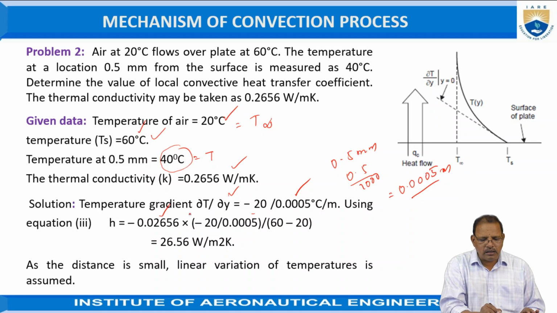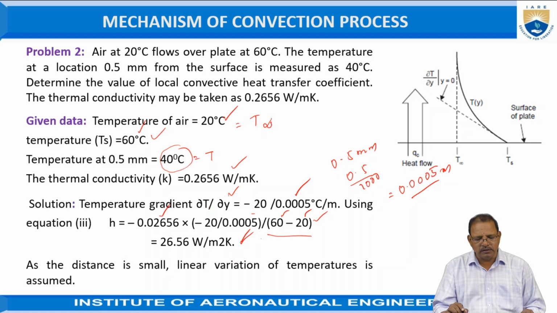Here dt by dy at y is equal to 0 is given now as minus of 20 divided by 0.0005, divided by here Ts minus T alpha, where Ts is representing the temperature of the plate or the surface. Here 20 degrees represents the temperature of the fluid just before touching the hot plate. So from this relationship we got it equal to 26.56 watts per meter square per degree Kelvin.